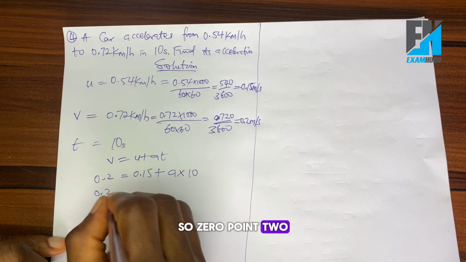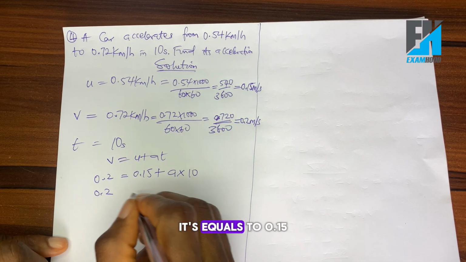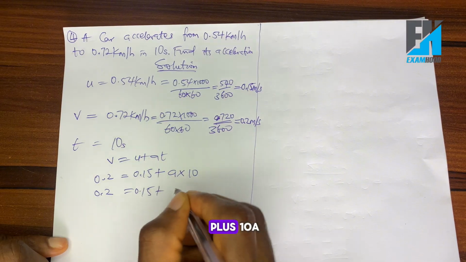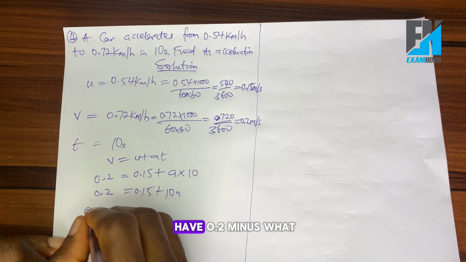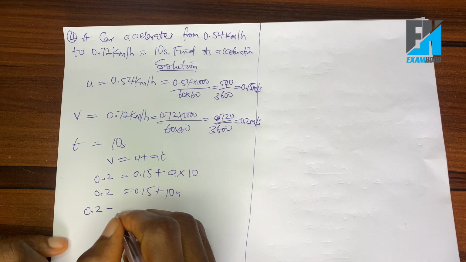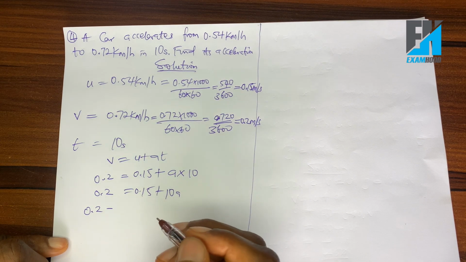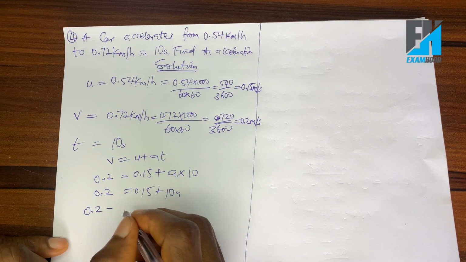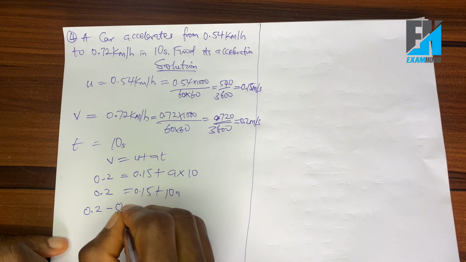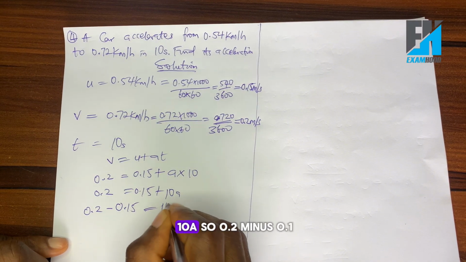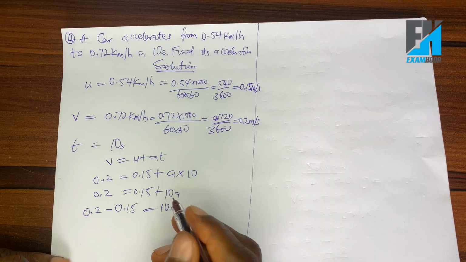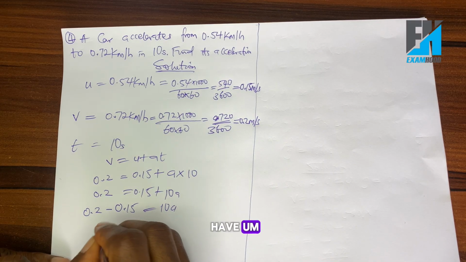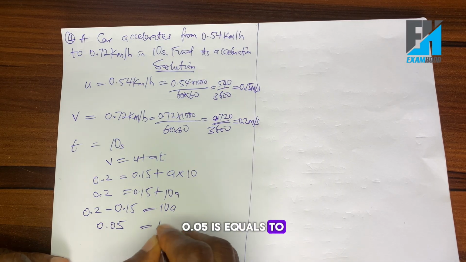So 0.2 is equal to 0.15 plus 10a. So collect your like terms now. 0.2 minus 0.15 is equal to 10a. So 0.2 minus 0.15, we are going to have 0.05 is equal to 10a.